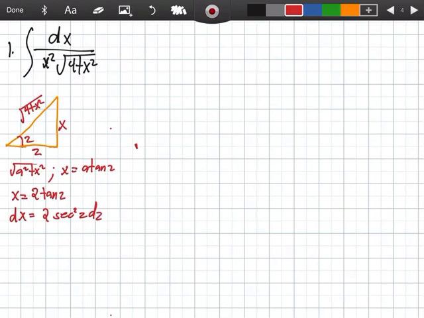Let's get secant z. Secant is the reciprocal of cosine.